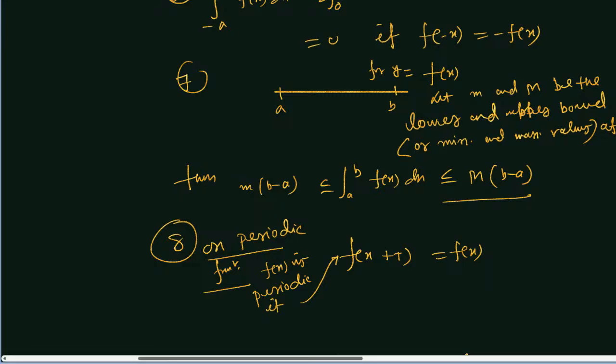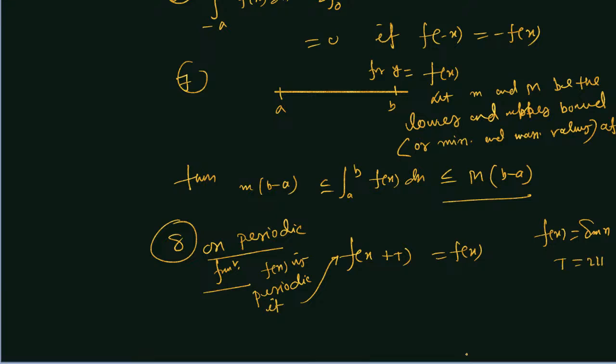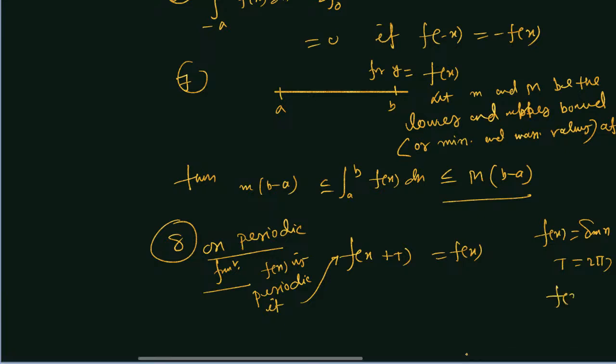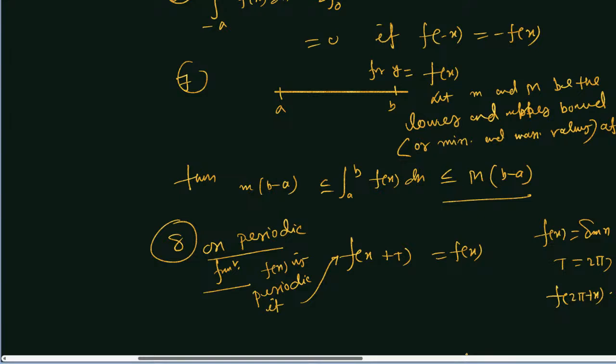Sin x, cos x, all are periodic. Sin x has fundamental period 2 pi. There are many periods. T may be 2 pi, 4 pi, 6 pi. Why? Because f(2 pi plus x) equal to f(x). Sin(2 pi plus x) is sin x. That's why. But 0 cannot be taken as period. Period is a non-zero positive quantity here. Okay? So the fundamental period will be 2 pi.